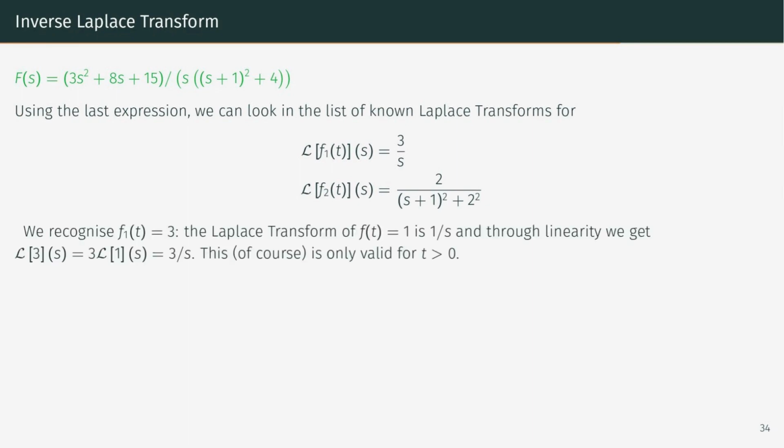We can recognize that f1(t) equals 3, and the Laplace transform of f(t) equals 1 is 1 over s. Through linearity, we get that the Laplace transform of 3 equals 3 times the Laplace transform of 1 equals 3 over s. This is, though, of course, only valid for t greater than 0.